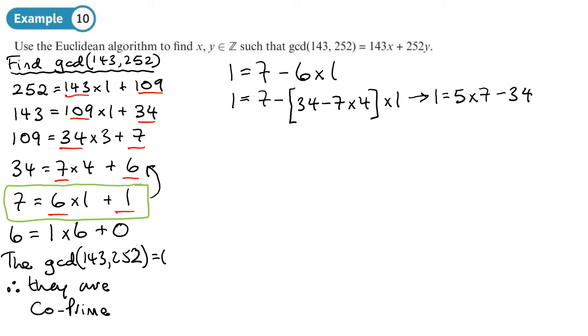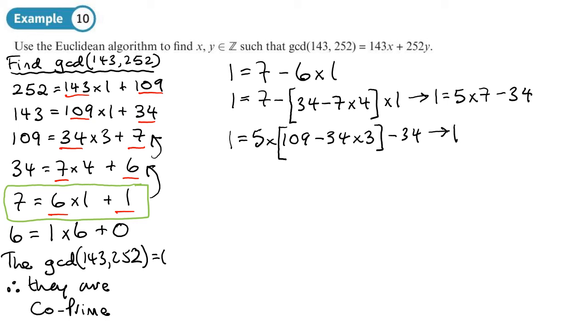Then the next line of working, what I'm going to do is go back to here. So now replace the 7. So 5 times the 7 gets replaced with 109 minus 34 times by 3, minus 34.